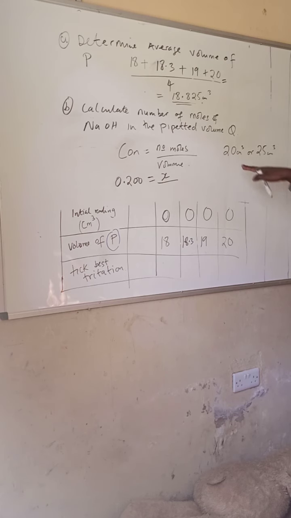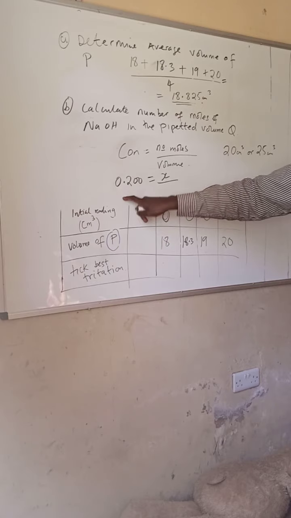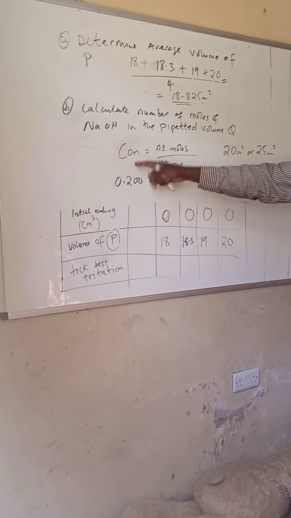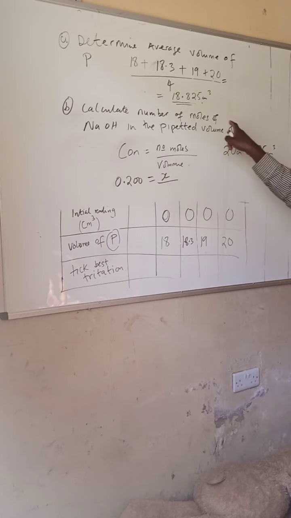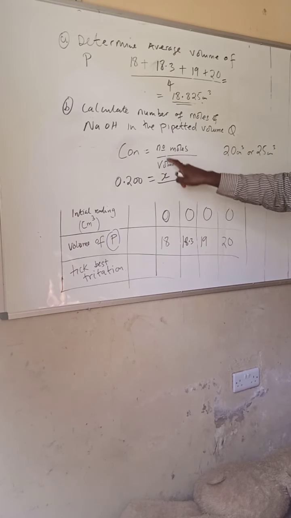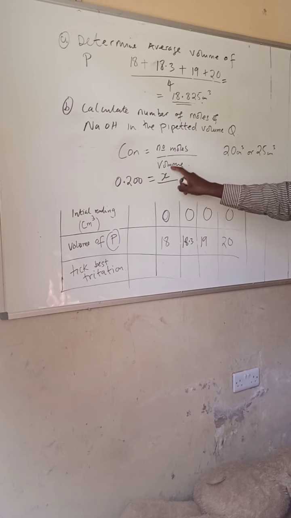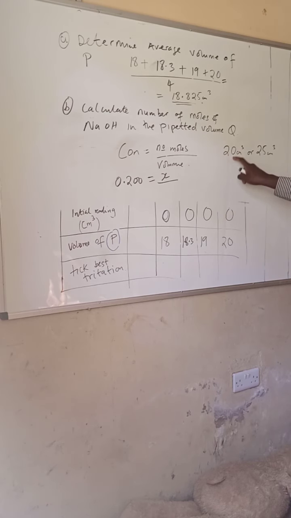And I said you can use either 20 or 25. This concentration is on step 2, so you can go and check. You find 0.200 of Q, and then the number of moles you don't know, that's X. The volume, that's 20, is on step 3.